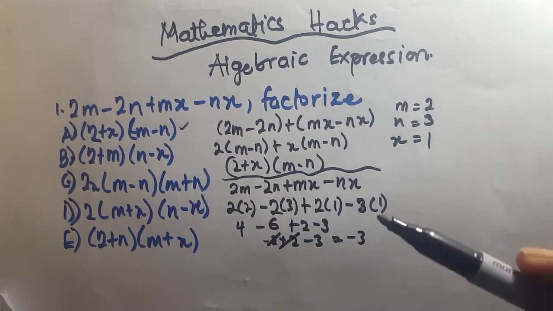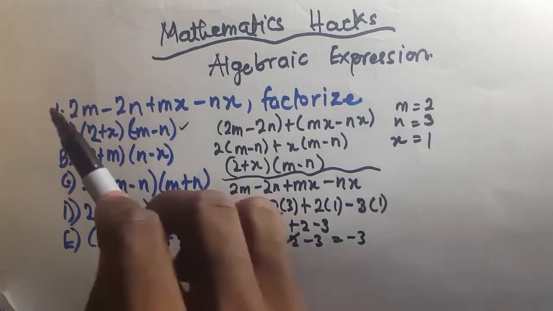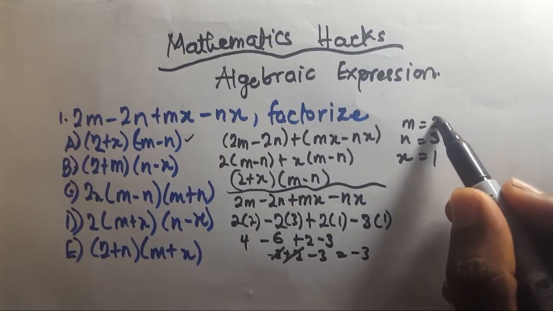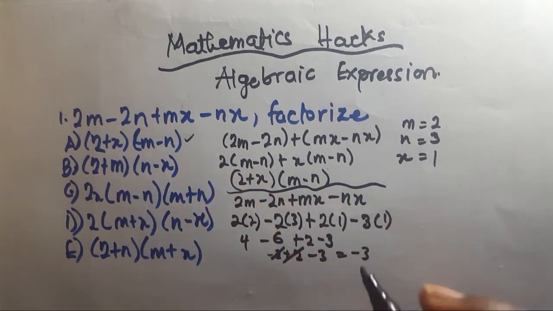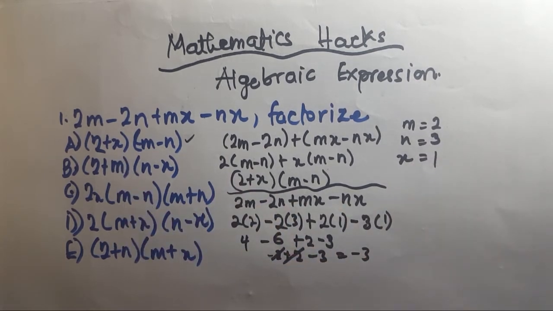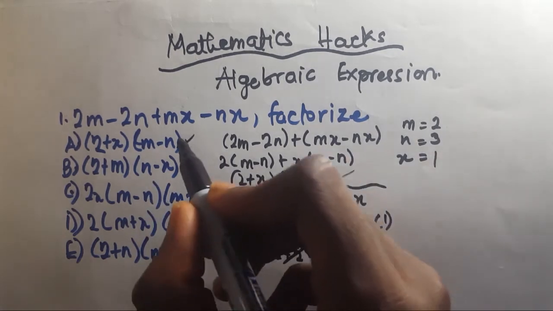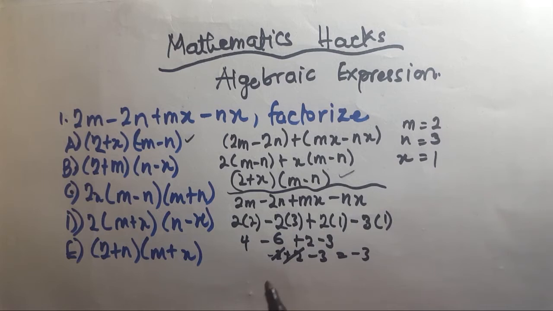So now when we placed the values in the question, we had minus 3. We are going to substitute these numbers into the answer. If we get the same minus 3, then it means our answer is correct. After working, this was our answer, and we saw that it was option A. So let's put these same values in option A. Option A is 2 plus x, m minus n.